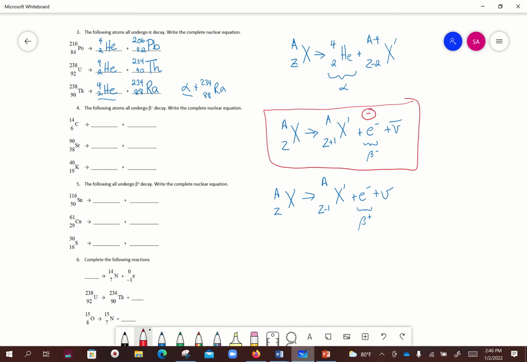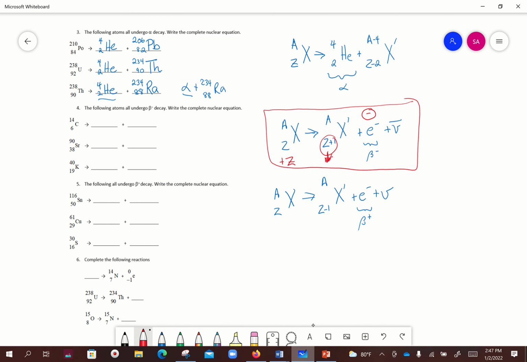So to compensate for that, we've got a charge of plus Z on the left side, and I'm subtracting a charge on this side, so I need to have Z plus 1 positive charges on the other side. So I need to step one place up in the periodic table to an atom that has Z plus 1 protons in it, so that I get the same net charge on each side. So the charge has to be conserved. The nucleon number has to be conserved.